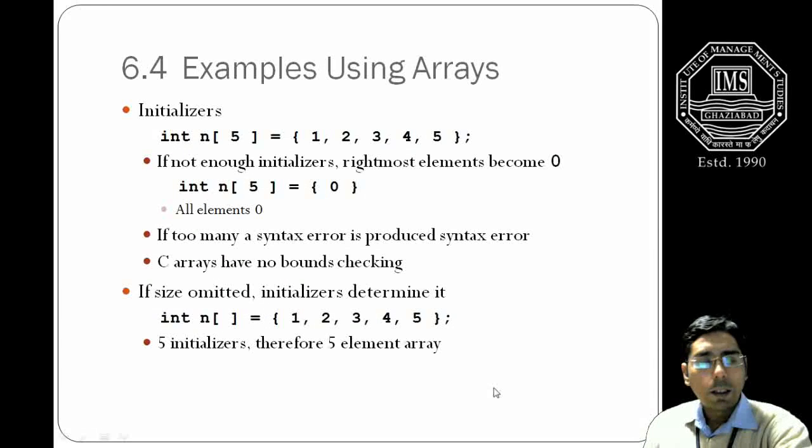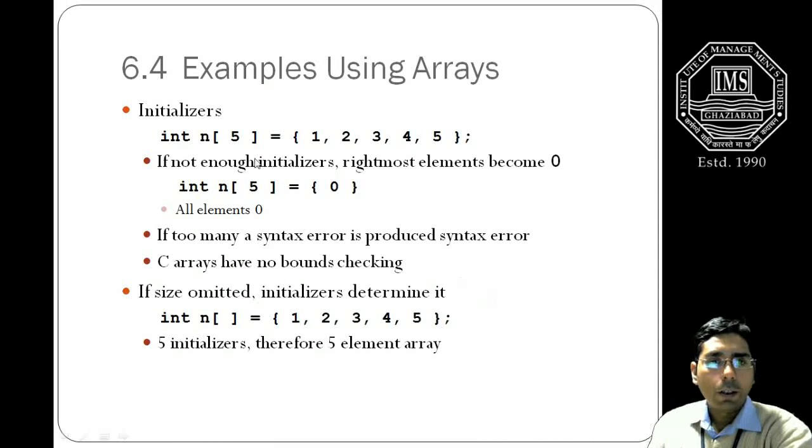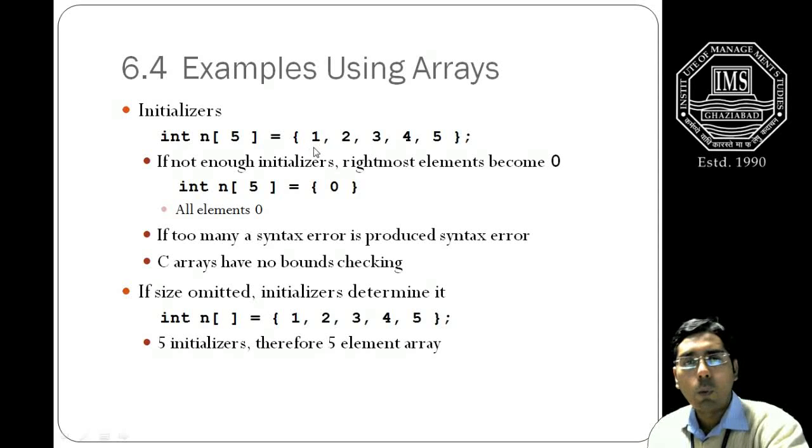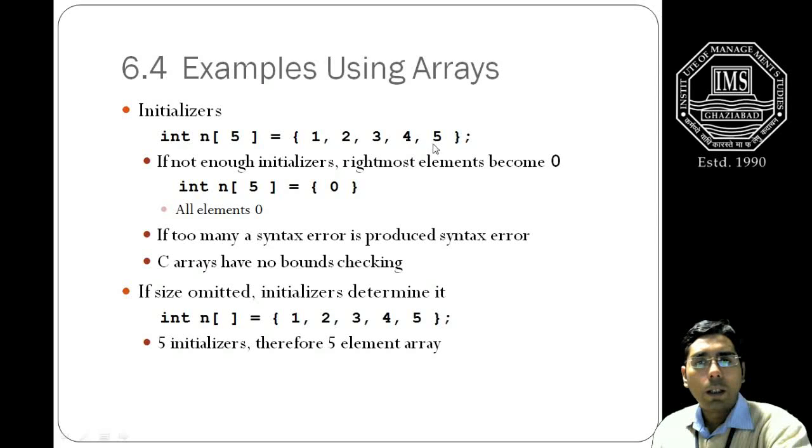Here you can see how an array can be initialized. For example, as you can see here, int n[5] means the array n has 5 elements. This is statically assigned 1, 2, 3, 4 and 5, meaning the 0th position of array n has 1, the first position has 2, the second position has 3, the third position has 4 and the last position, that is the fourth position, has 5.